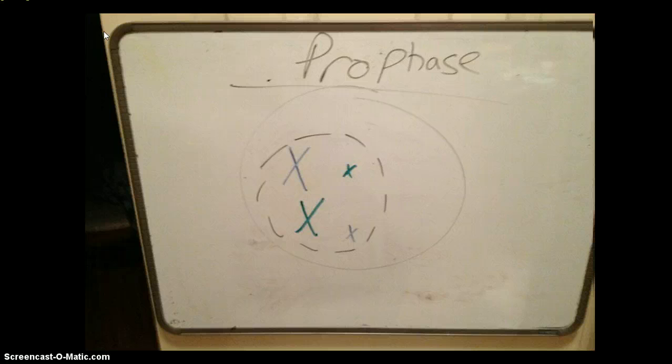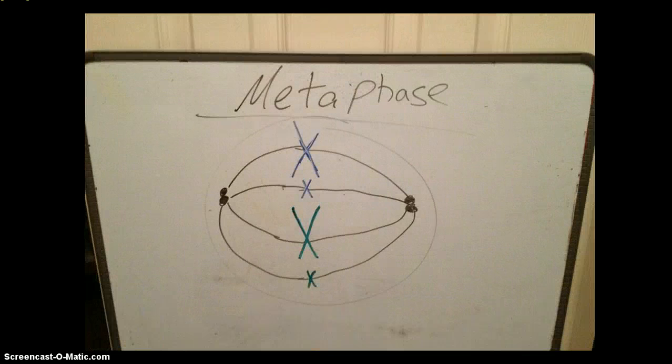And so this is prophase, where now you can see the chromosomes have formed, the nuclear envelope is starting to break apart, and this is where mitosis really starts.